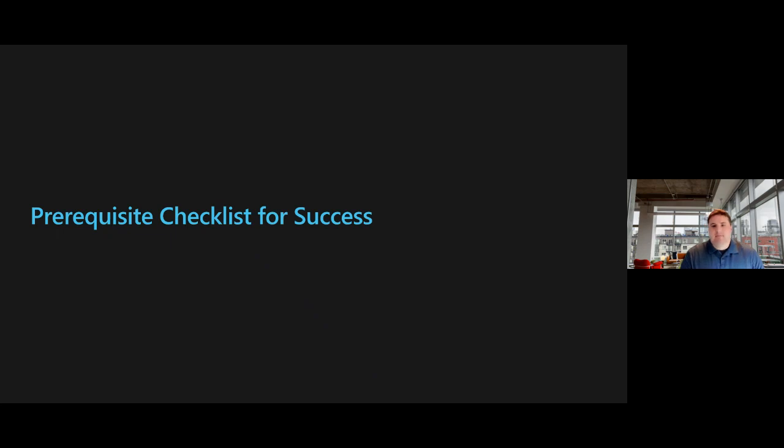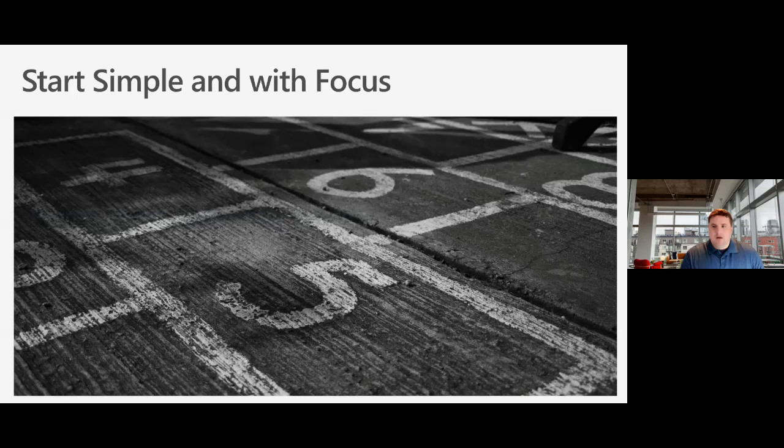Diving in, here is the prereq checklist for success. At a high level, what we want to emphasize is that you really want to start simple. There's a ton of goals and a ton of metrics. You could do carbon, electricity, water.